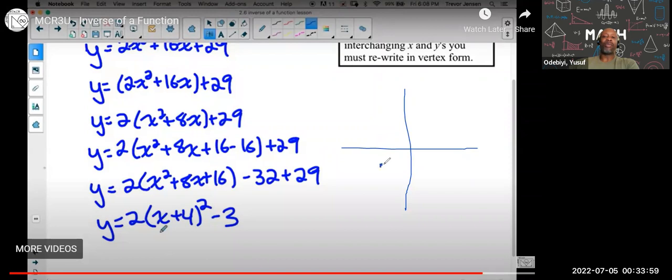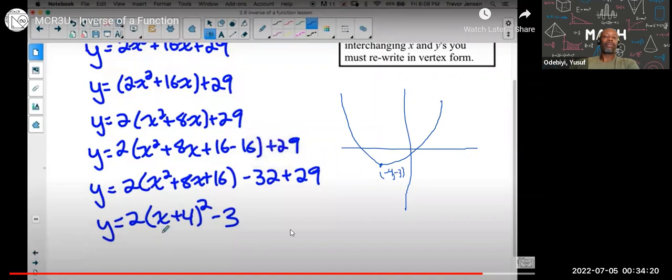So it'd be down here somewhere, and then it would look something like this. That point is -4 and -3. That would be your vertex. It's now in vertex form.